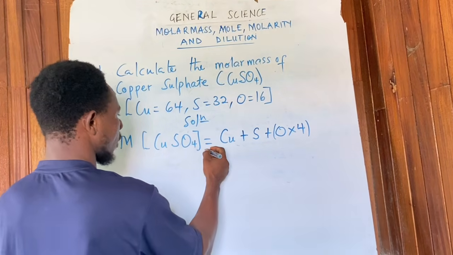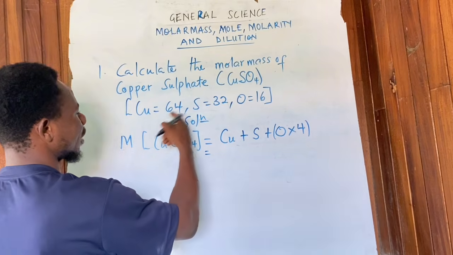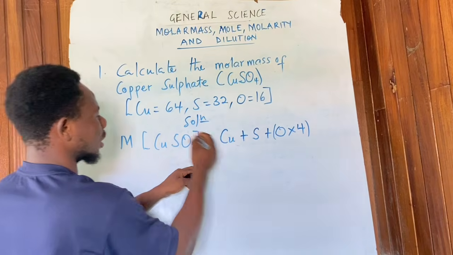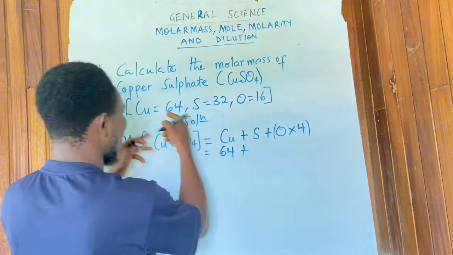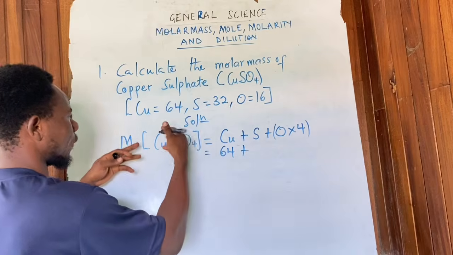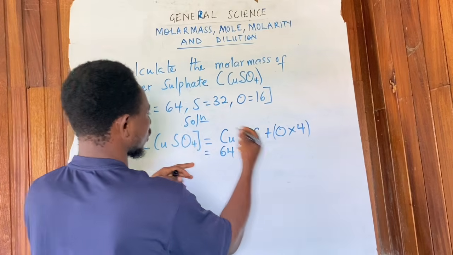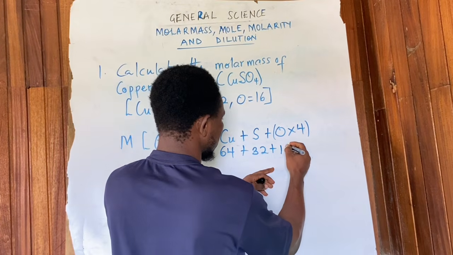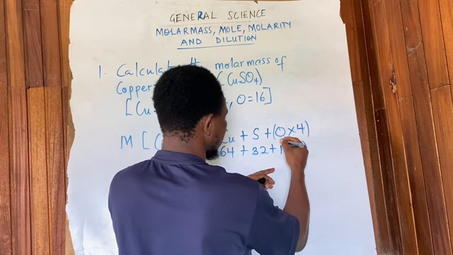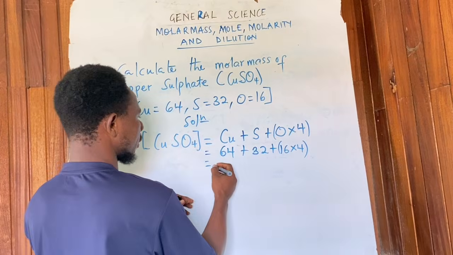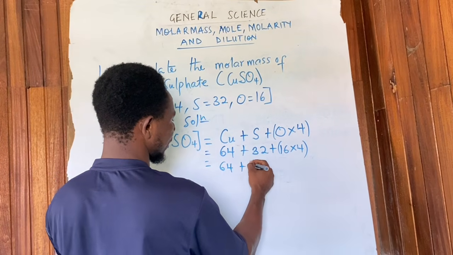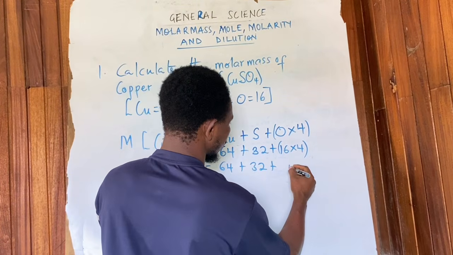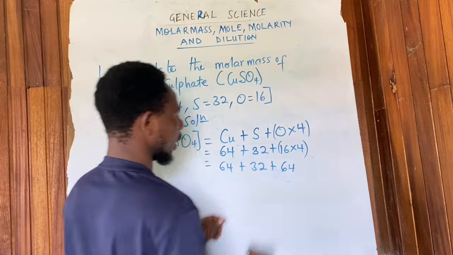Now don't forget, we have been given the atomic masses of such elements. Copper is 64. Please, these are fixed values, fixed atomic masses, you can't change them. So copper is 64, plus sulfur is 32, plus oxygen 16 times 4, which is 64.